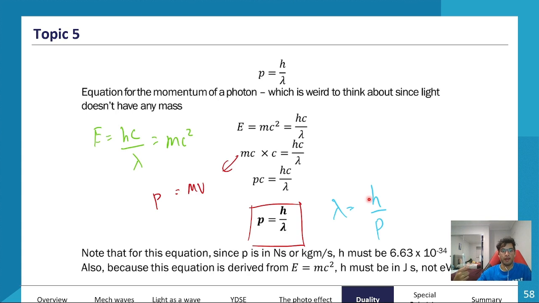This pen in my hand has momentum because it has a mass and a velocity. So h divided by the momentum of this pen is going to give me the wavelength. What we just showed is that things with mass, or everyday objects, actually have a wavelength.